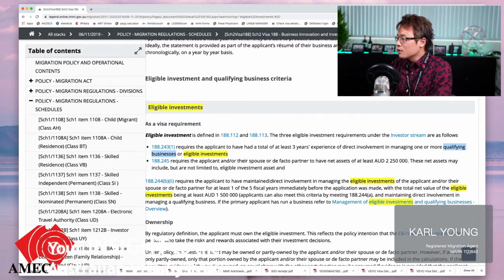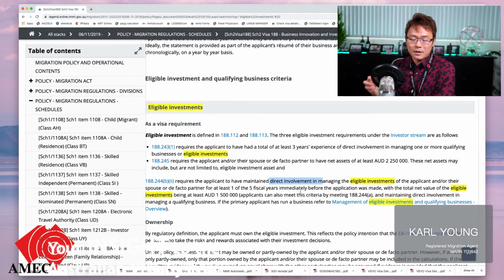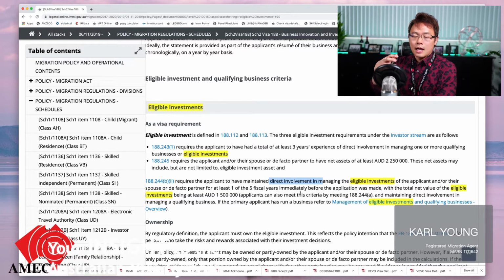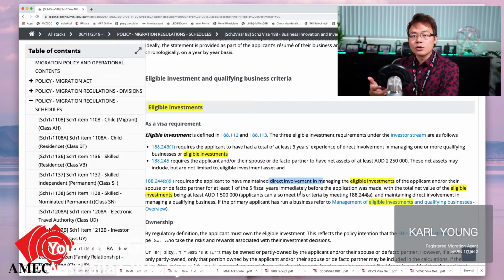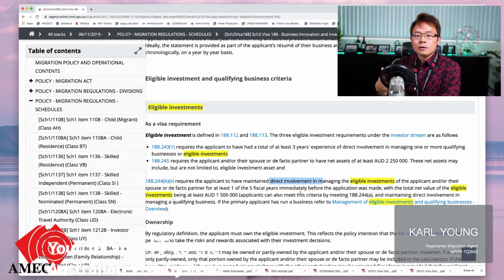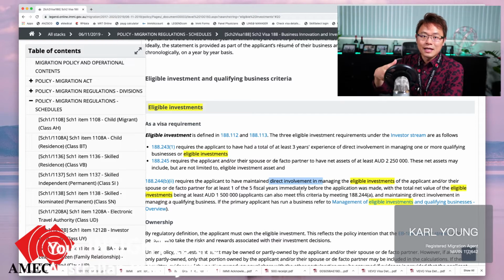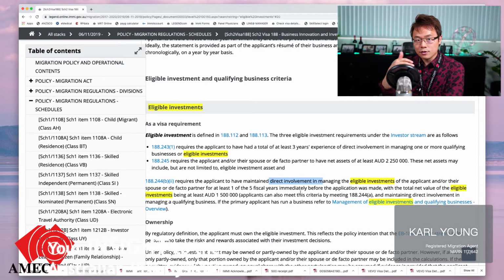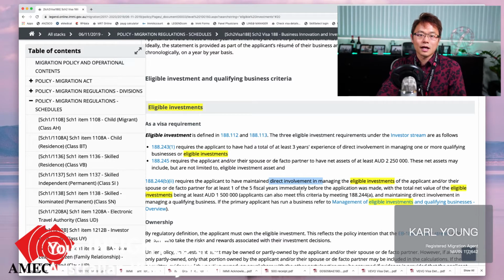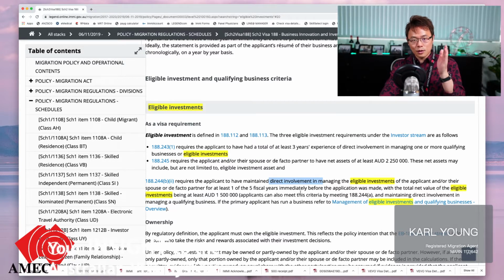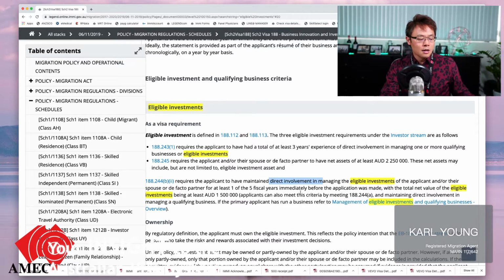Now you need to maintain direct involvement. That's pretty obvious. What does that mean? It means the investment decision has to be made by you, signed by you, and you need to show that the investment options were picked and decided by you through comparisons. For instance, if you go into stocks, you don't just bluntly go in and buy stuff. You will see which one is good, why you prefer that, the risk profile, and so on.